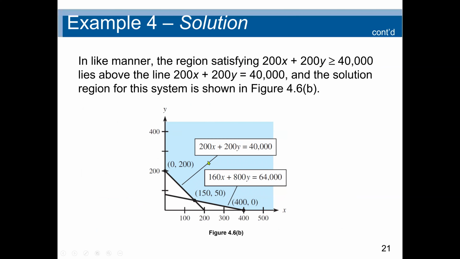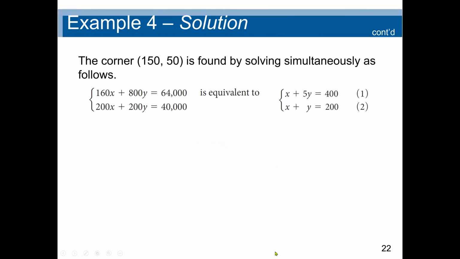So this will be the graph of 200x plus 200y equals 40,000, and 160x plus 800y equals 64,000. By looking here, we have some endpoints: 0 and 200, 150 and 50, 400 and 0. Next, the corner 150 and 50 is found by solving simultaneously as follows.